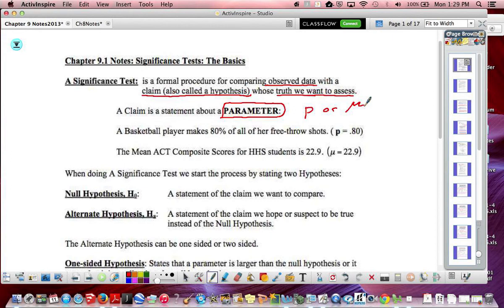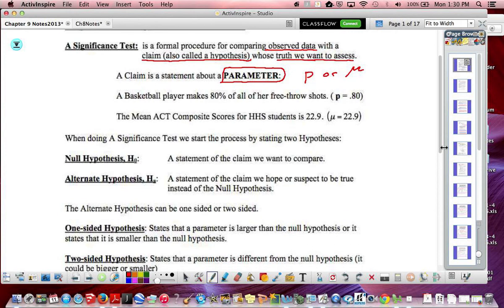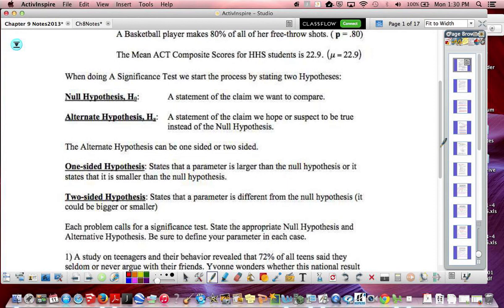So, when we do a significance test, we write two hypotheses. And this is, for some, a little bit of backwards thinking with statistics. We start off by writing what we call a null hypothesis. When you think about the word null, I want you to think about the word 0.